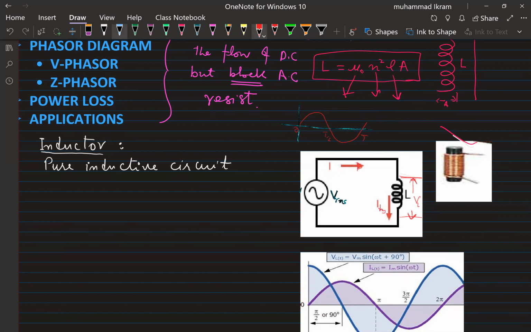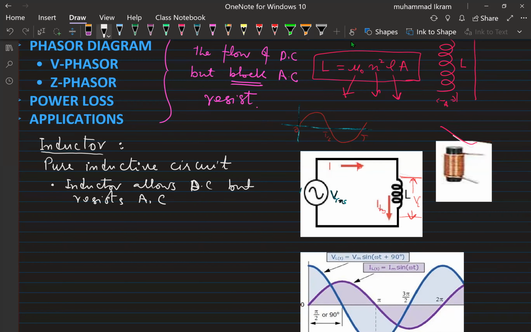First, I would like to tell you, and later on I will prove it both mathematically and physically, why this happens. As I told you in the beginning, the inductor allows DC but resists AC.